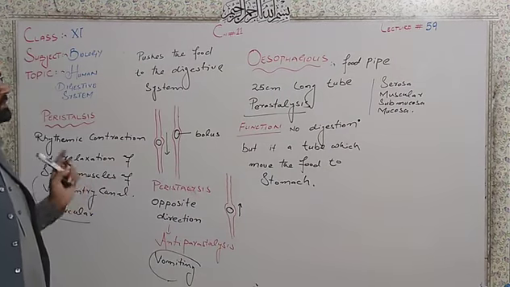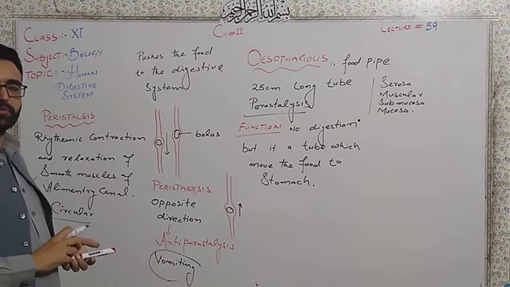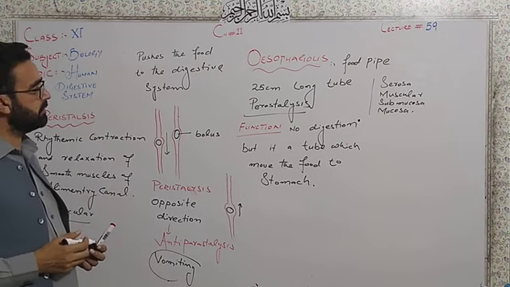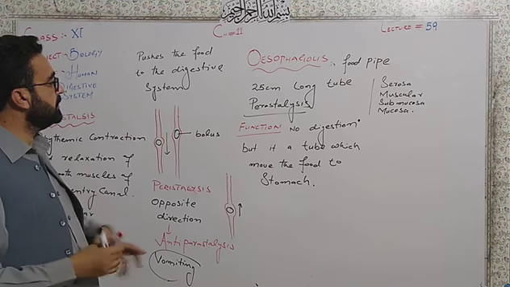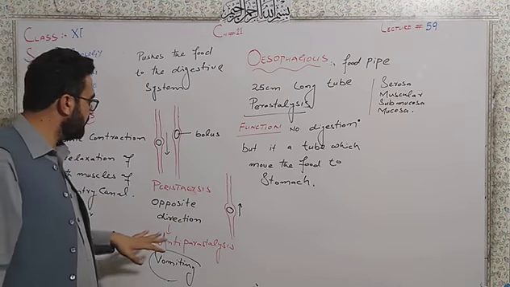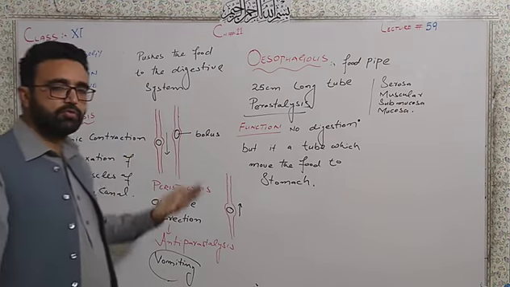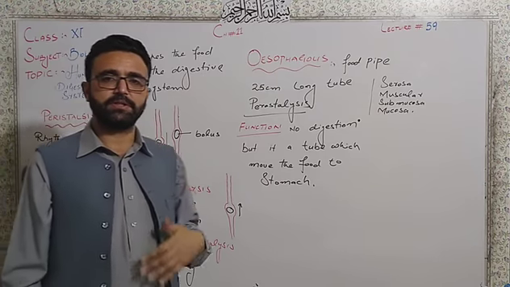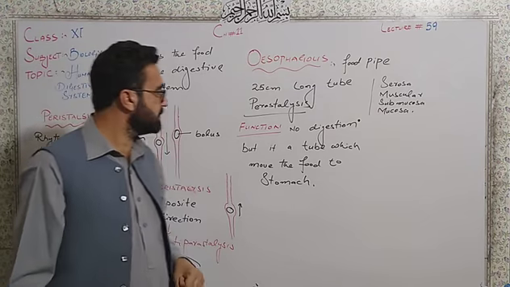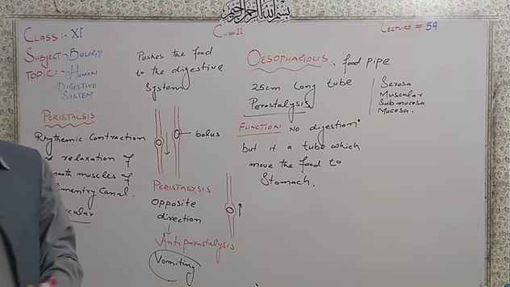These are the four layers of the esophagus. Now, I think we need to move towards the next part, which is the stomach. So let's start the stomach.